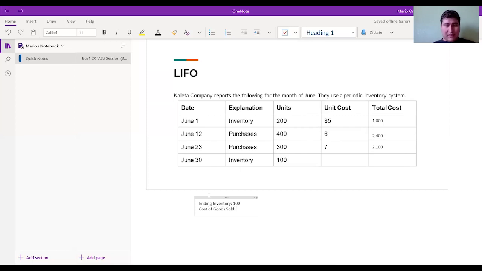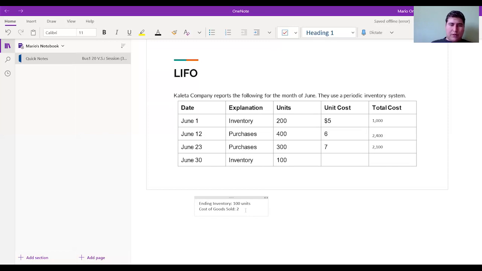So now, instead of giving us how much we sold, it gives us how much we have left over. That means we're going to have to find out how many units we actually sold through the month by adding up the beginning inventory, adding the purchases, and then subtracting the 100 units, which will give us how many units we sold.